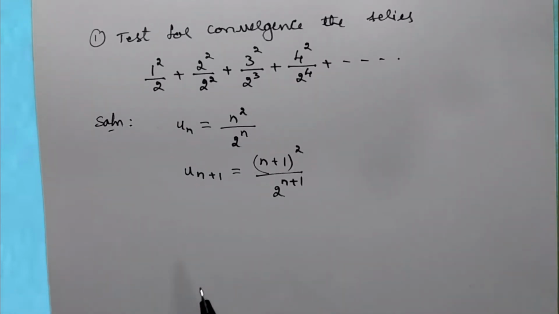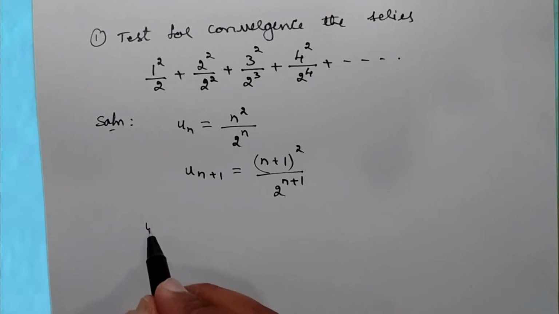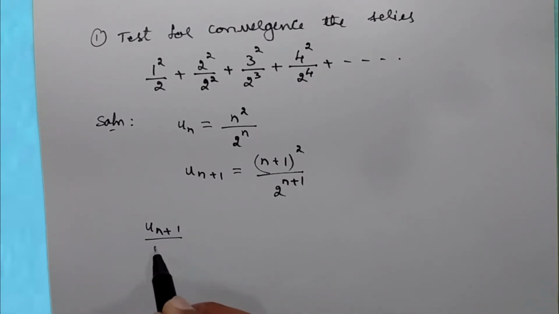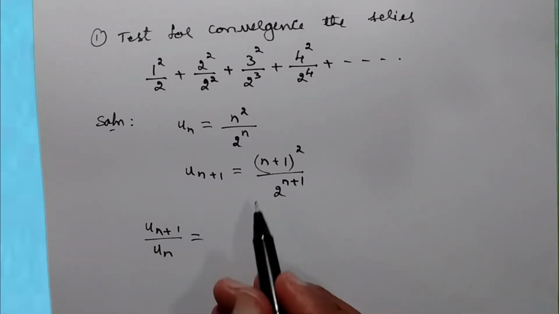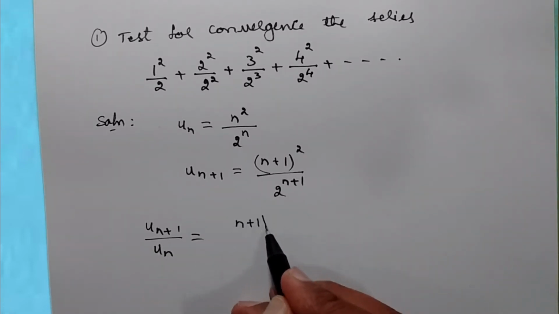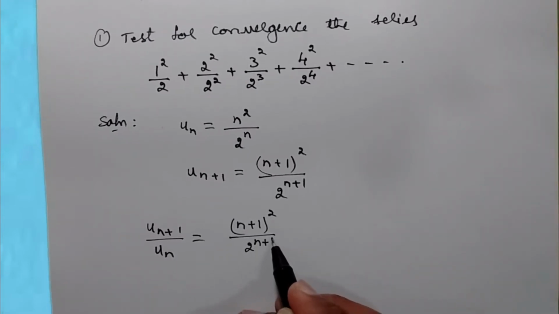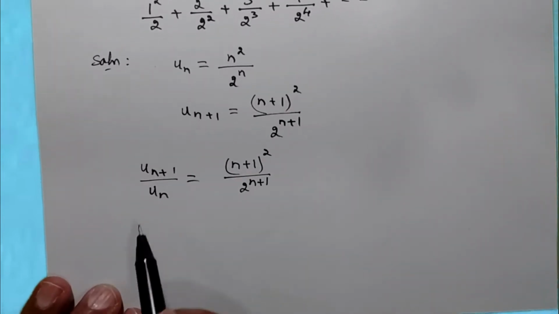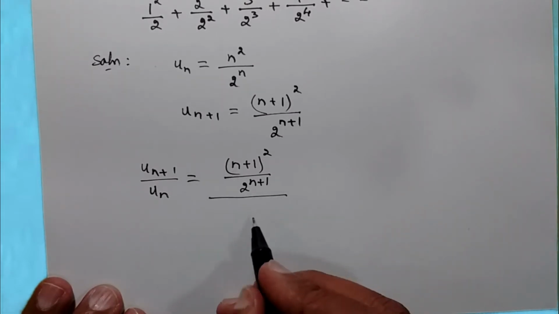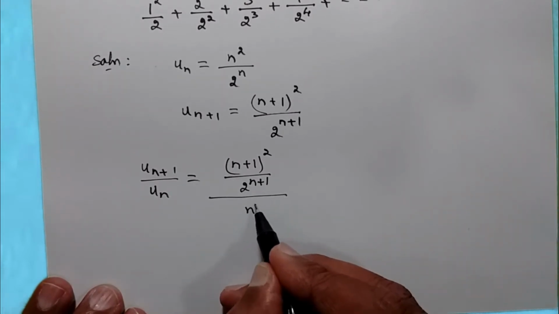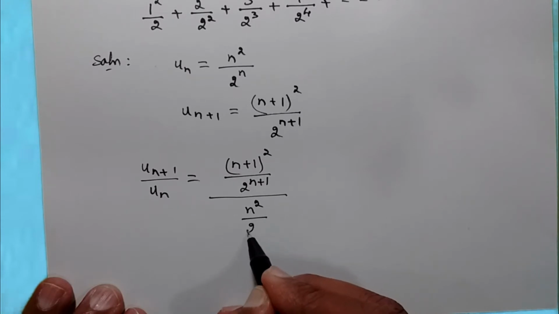Then in the D'Alembert's ratio test, you have to take the ratio un plus 1 by un. Alright, so write first un plus 1, its value is n plus 1 whole square divided by 2 power of n plus 1, and whole divided by un. What is un value? Un value is n square by 2 power of n.